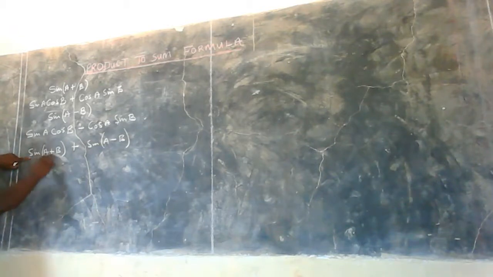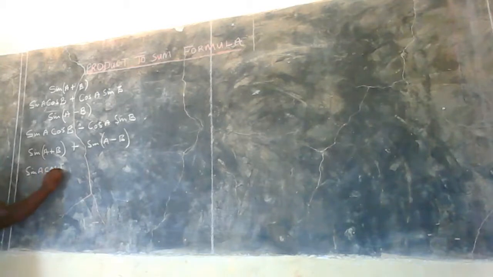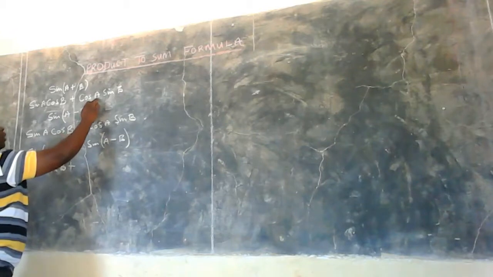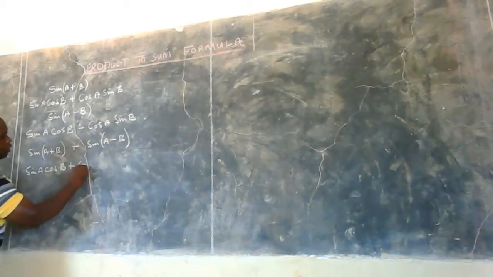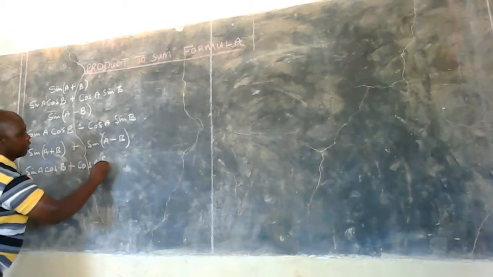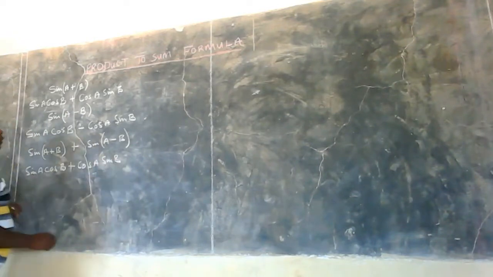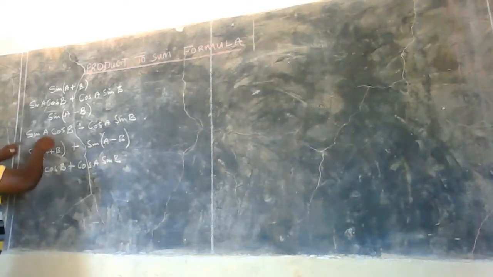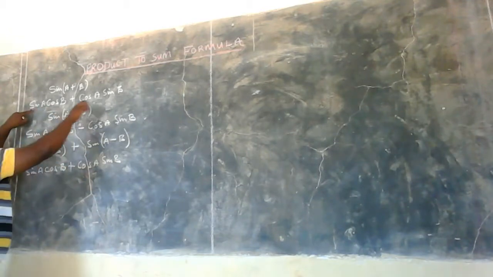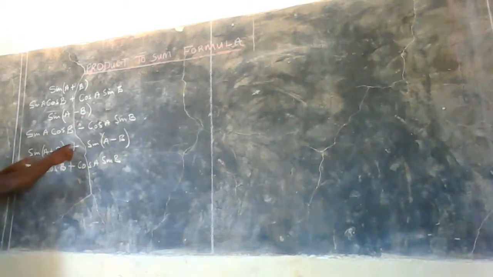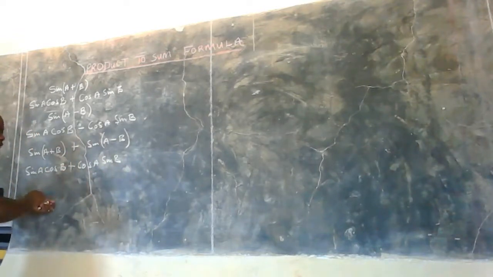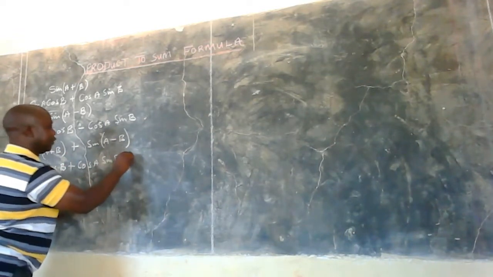So I'll substitute this part with the expansion that I have right there. It will give me sine of A cos B plus cosine A sine B. All I've done is to substitute this part with the sine expansion of A plus B. So now I'm adding, we can look at that as plus.